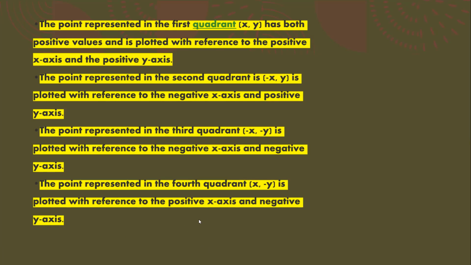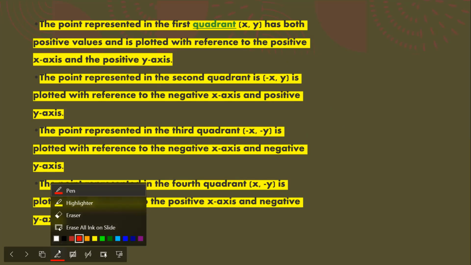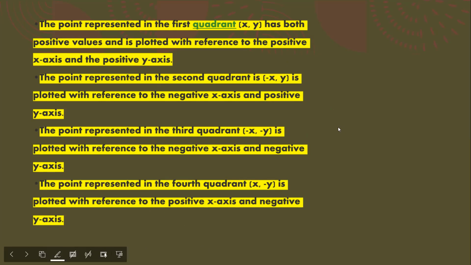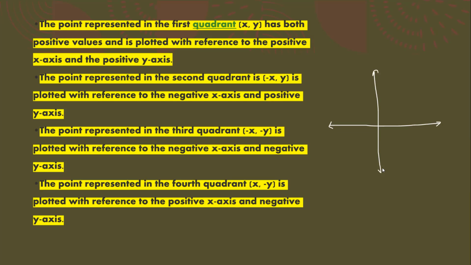The point represented in the third quadrant, minus x, minus y, is plotted with reference to the negative x-axis and negative y-axis. The point represented in the fourth quadrant, x, minus y, is plotted with reference to the positive x-axis and negative y-axis.